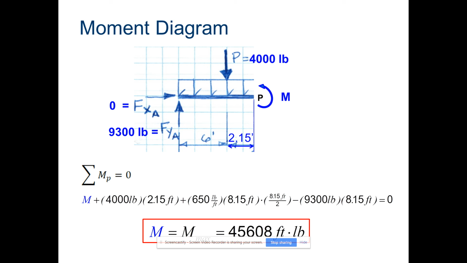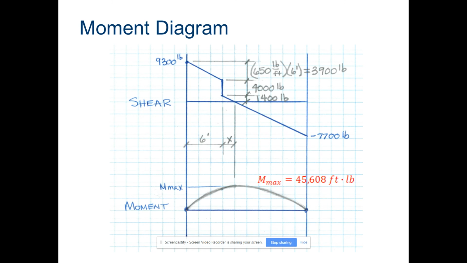So we have to find it in the center. So it'd be 8.15 divided by 2. Minus, because you have that reaction force, 9,300 times 8.5. And that gives us our maximum moment of 45,608 foot-pounds.